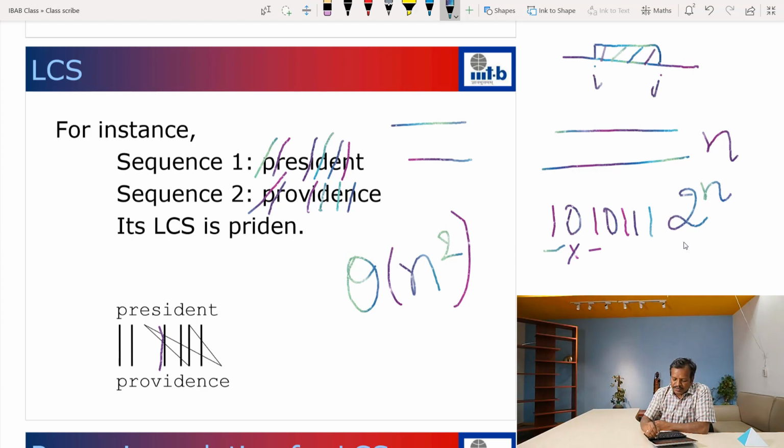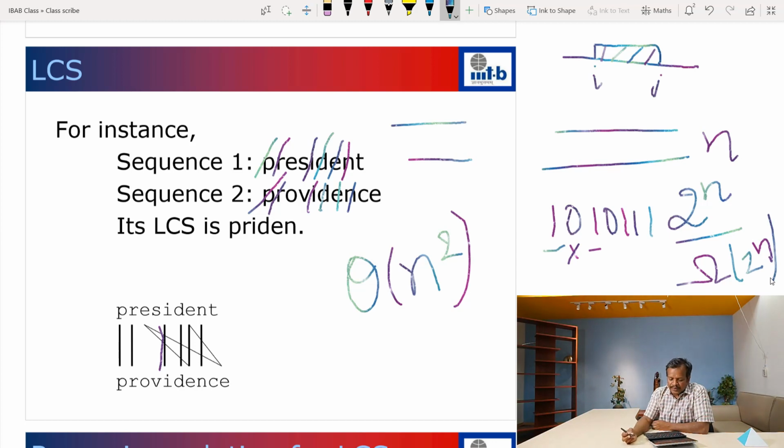So the number of possible subsequences of the given string is exactly equal to 2 to the power n. If I have to find the subsequences of both the strings, then find the one which is common to both of them and has the maximum length, that will take omega of 2 to the power n time.